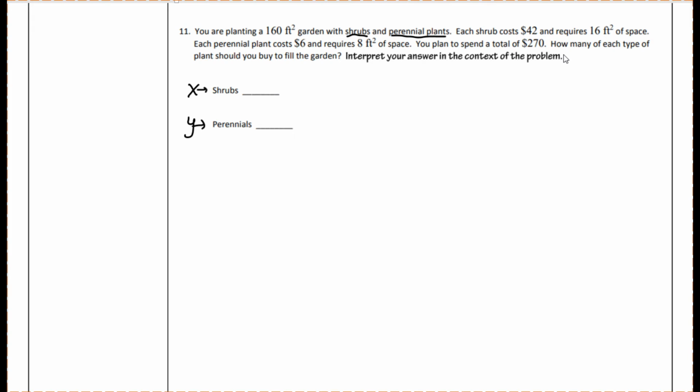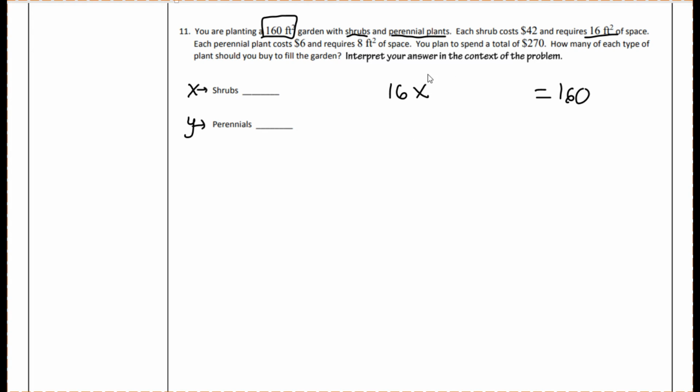All right, so we're going to set up an equation for the square feet first. If we have 160 square feet of space, we know that if we add them together, we should get a total of 160 square feet. The shrubs require 16 square feet of space, so we essentially have 16 per shrub.